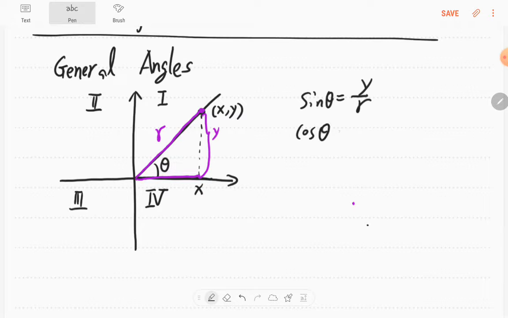Cosine theta is adjacent, adjacent is x, over hypotenuse R. Tangent theta is equal to what? Y over x, the opposite over adjacent. The reason is this is a right triangle, so you can use it. So this is the terminal side in the first quadrant.